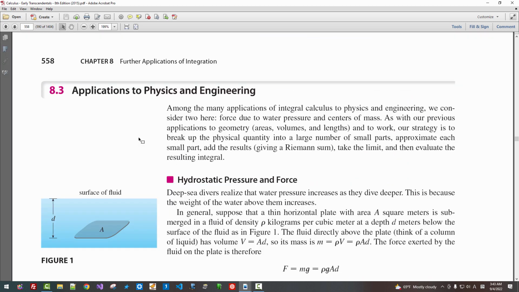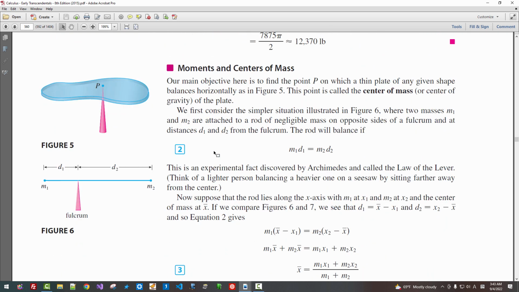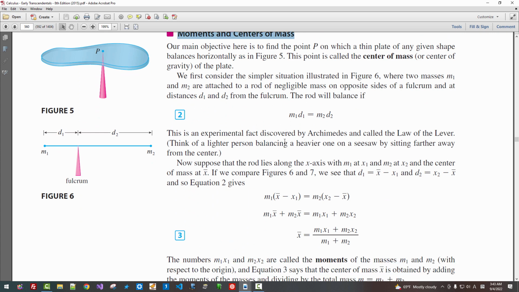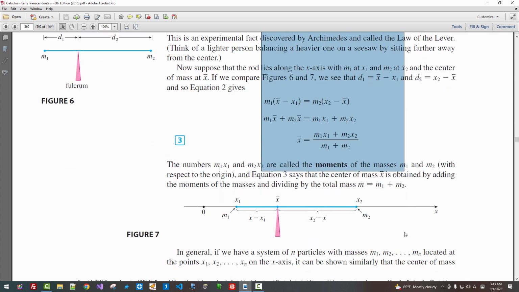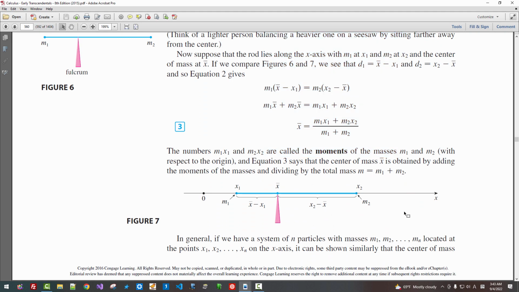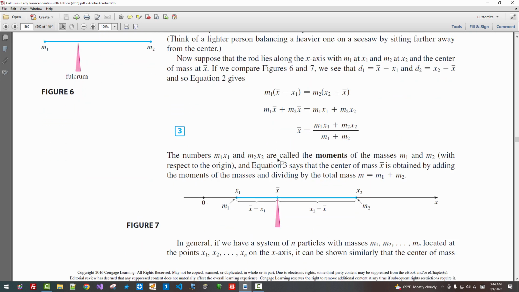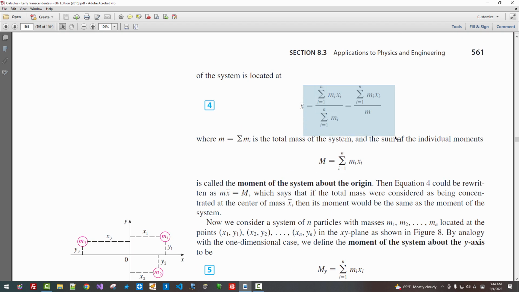If you scroll down, you can find moments and center of mass. After reading this text, I finally understand center of mass completely, correctly, accurately, how this expression is derived.